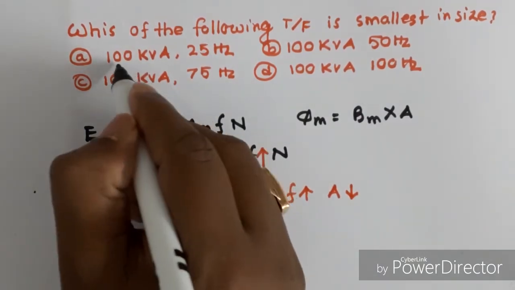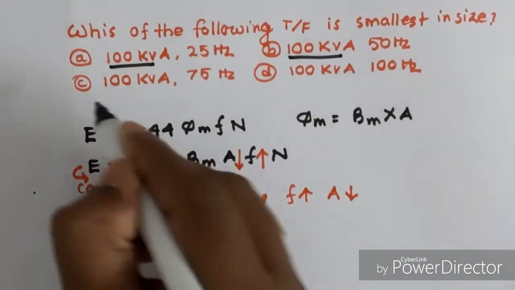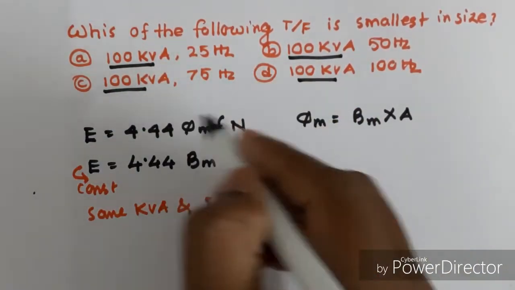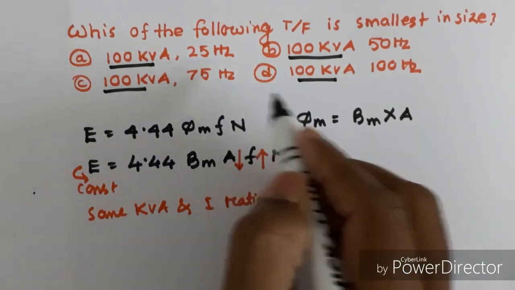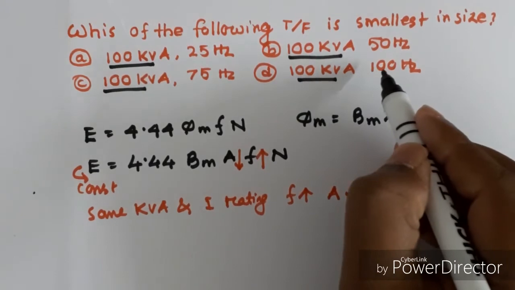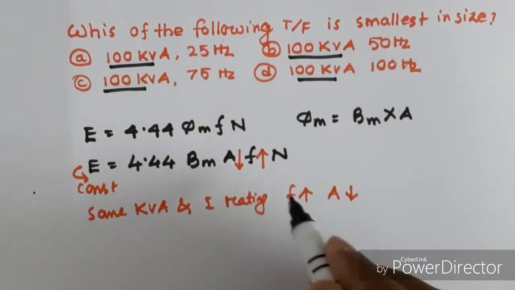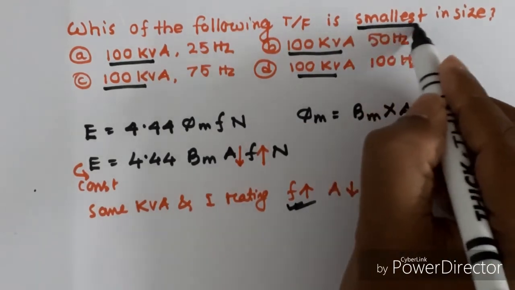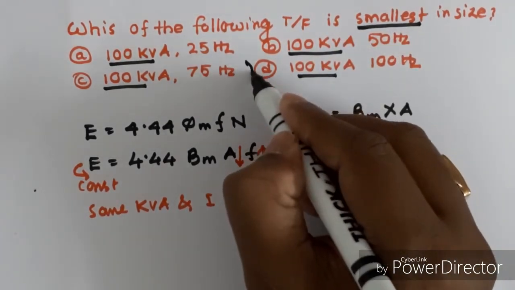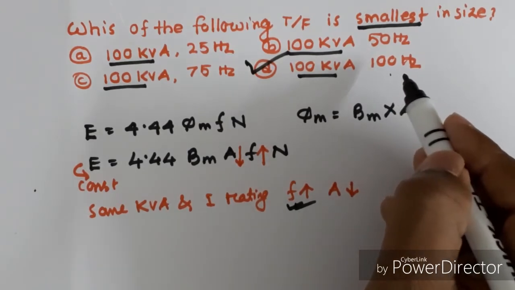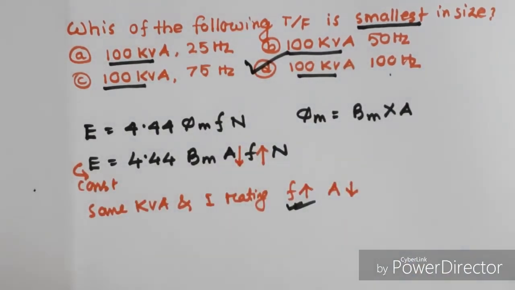These are 100 kVA, same kVA rating transformers. The frequency is 25 Hz, 50 Hz, 75 Hz and 100 Hz. The higher the frequency, the smaller the size. So the 100 Hz transformer is smallest in size.